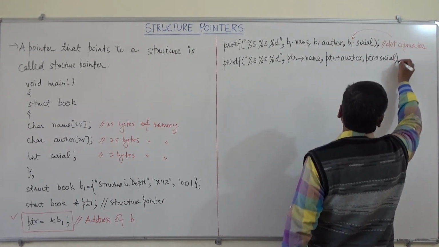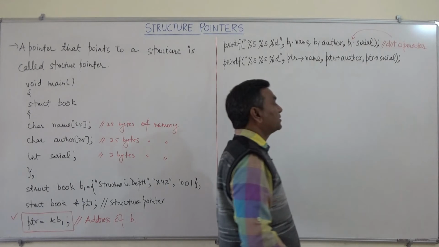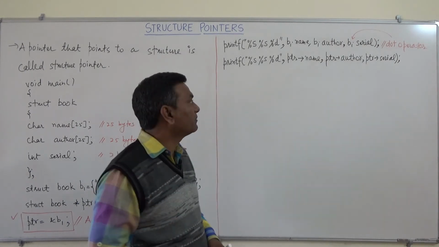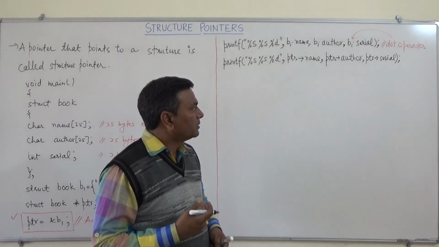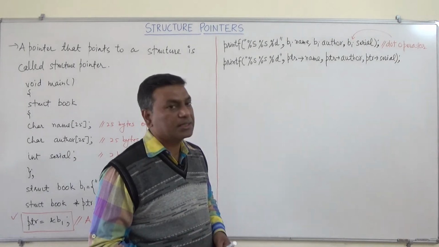In this way we can access these three variables, or we can say we are printing the values of name, book name, its author, and then its serial.